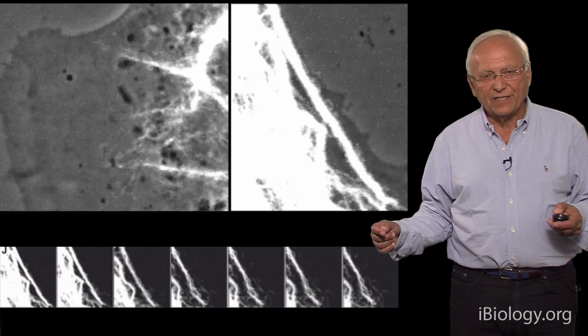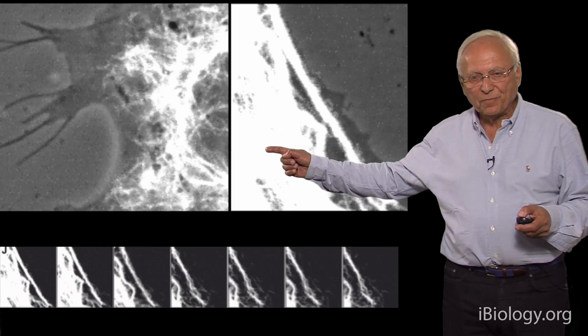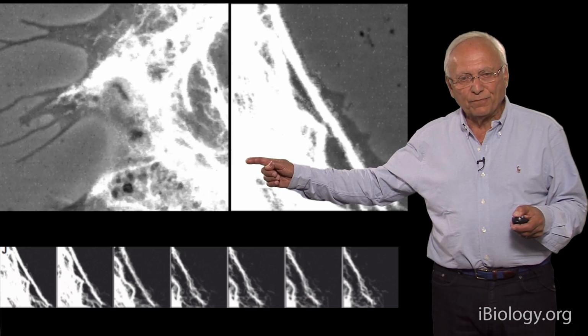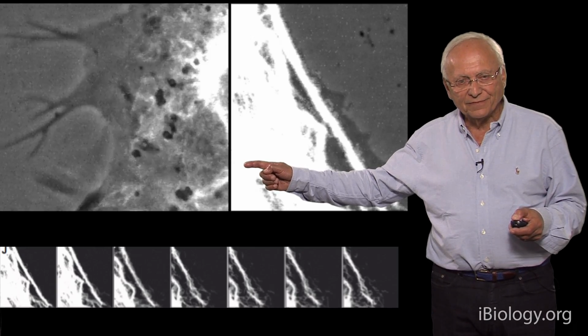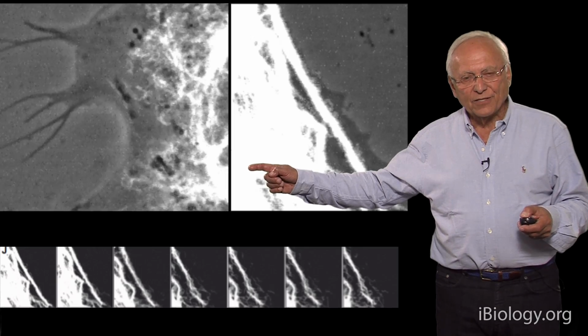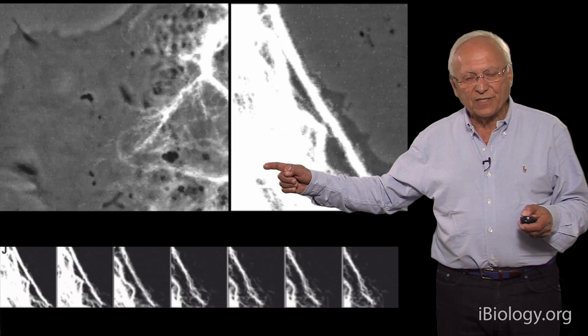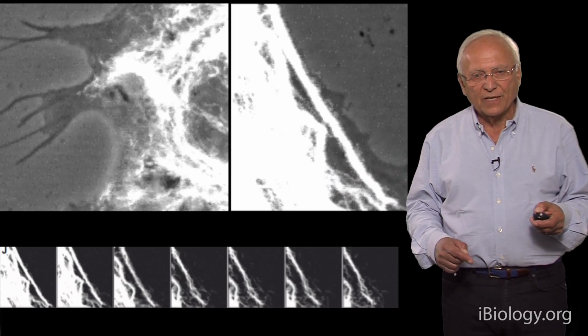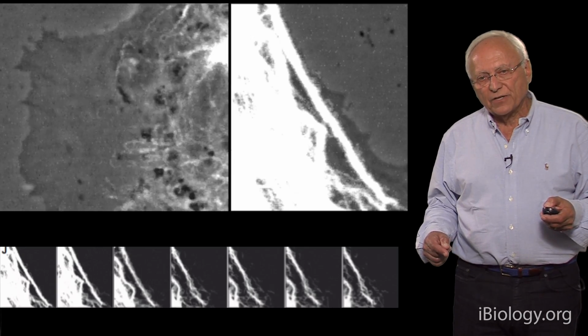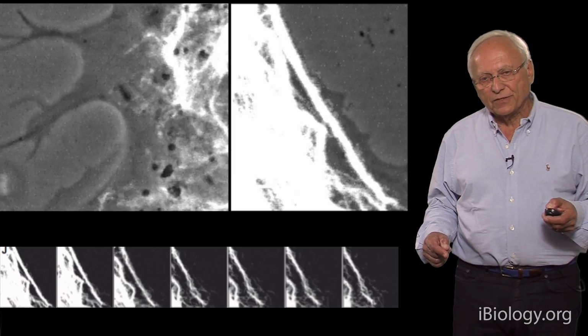But the important thing here is to look at the edge of the cell, and you'll see that when the Vimentin pulls back, now the ruffle, in fact, forms. So Vimentin seems to disassemble and retract from the cell surface. And you can see this even in regions which have very thick cables of Vimentin near the cell surface.